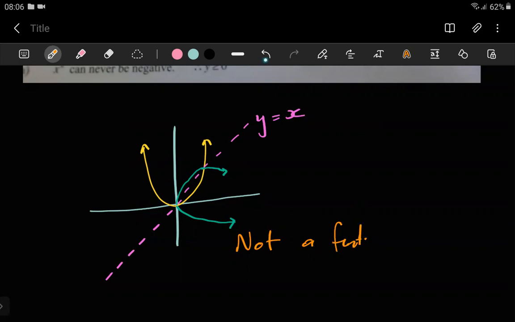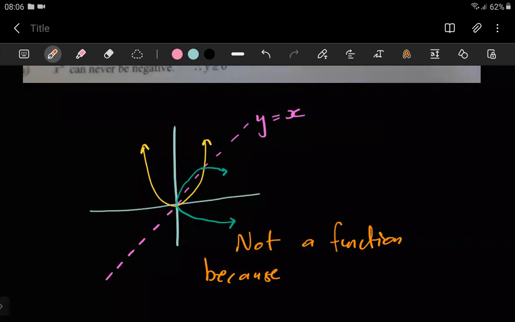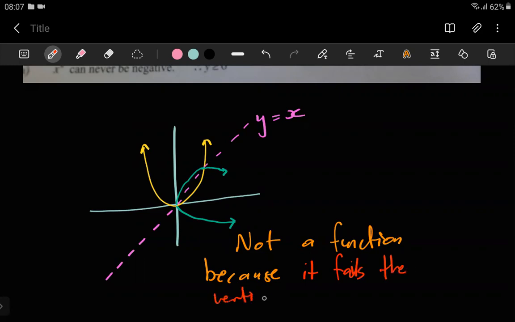The reason it's not a function is the easiest question and the easiest answer. This is not a function because, and this is something you can use in an exam, and it's 100% recognizable, it fails the vertical line test.